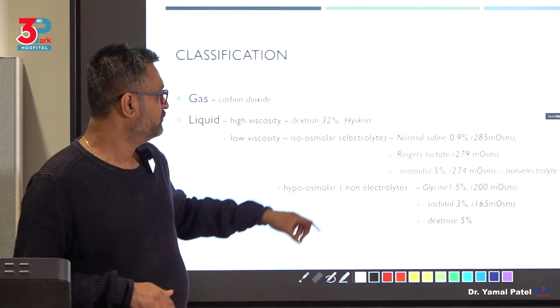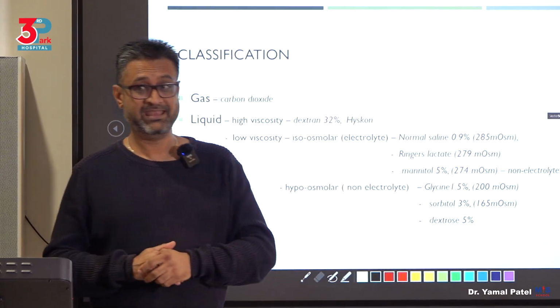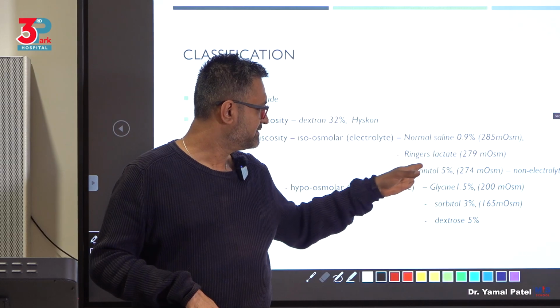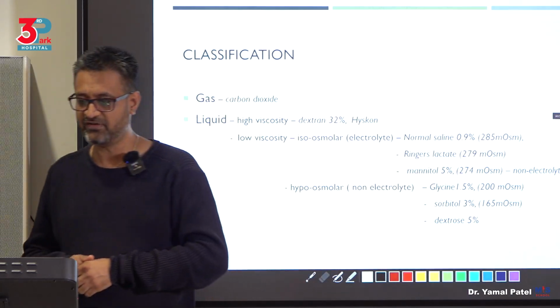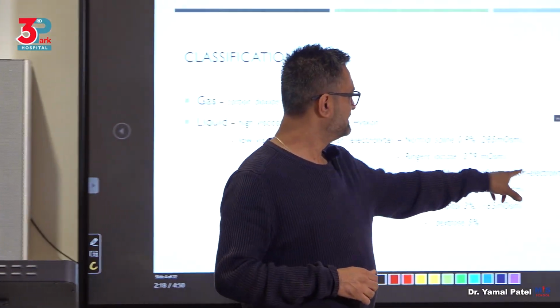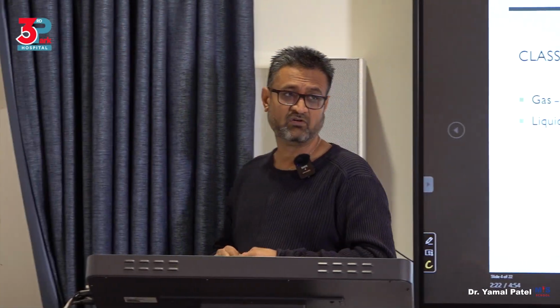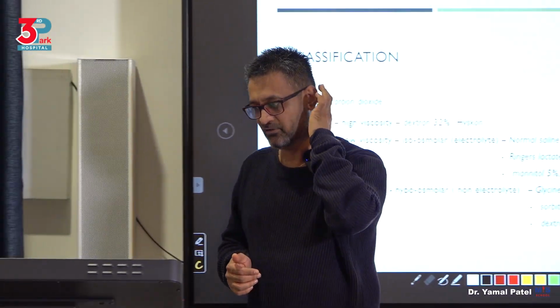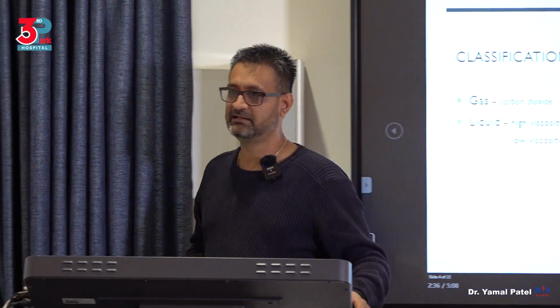So you have saline, 0.9%, that's the normal saline. You have Ringer's lactate, and you have mannitol, 5%. But mannitol has no electrolyte, while these two have electrolytes. So we have Ringer's lactate or normal saline. The commonest one that we work with is normal saline. And that's the one I would say you all need to know in depth, because I don't think you're going to be using any other in the future.